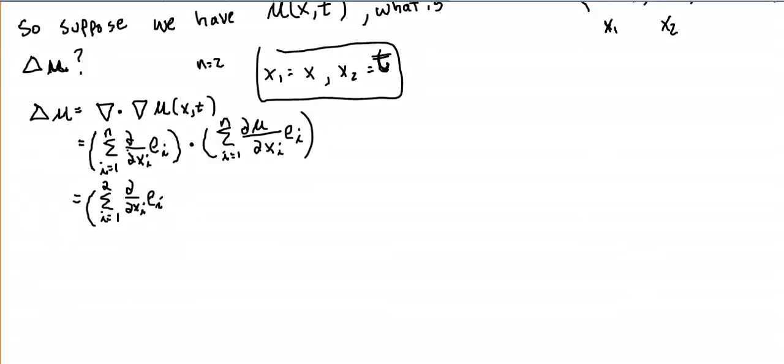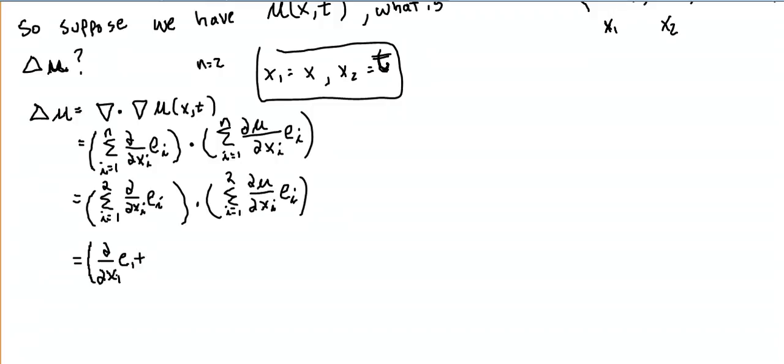So we have this right here, dot product with the summation i goes from 1 to 2 of du dx i e sub i, which is equal to, well, let's take a look at this. This will be the partial with respect to x sub 1 e sub 1 plus partial with respect to x sub 2 e sub 2.